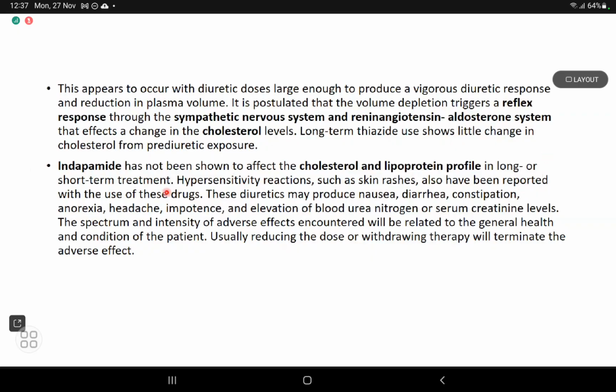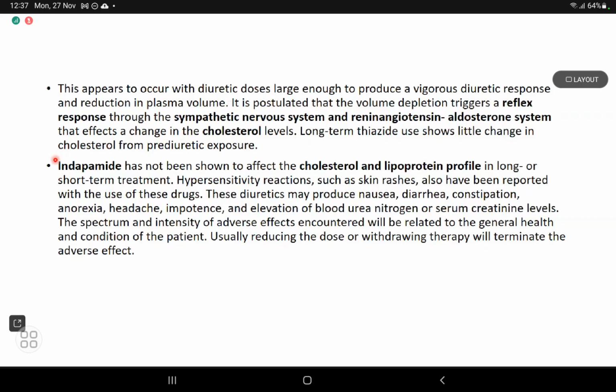Why does it not cause an effect on cholesterol, even though just now we mentioned that cholesterol level is mostly related to changes in plasma volume? It doesn't matter, we don't bother, because this one we pass to scientists to study more. For me, I suspect that it's not only because of plasma volume, there might be other pathways involved as well.